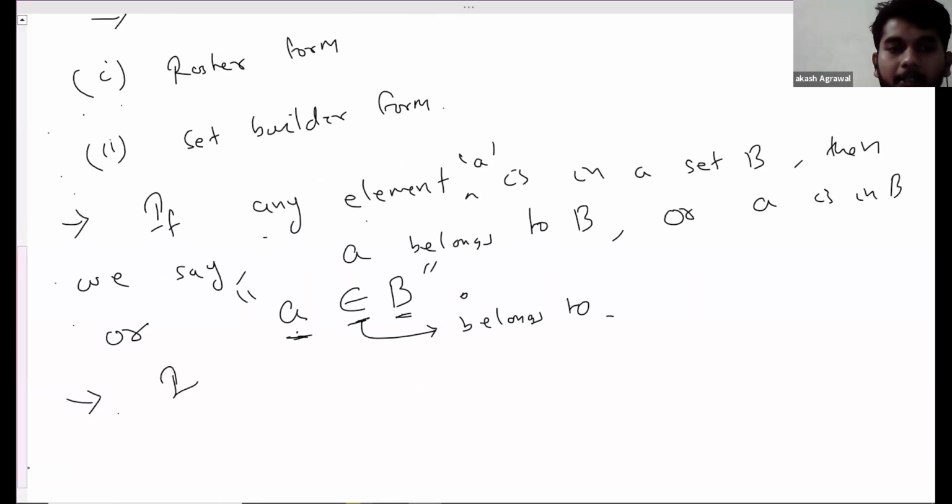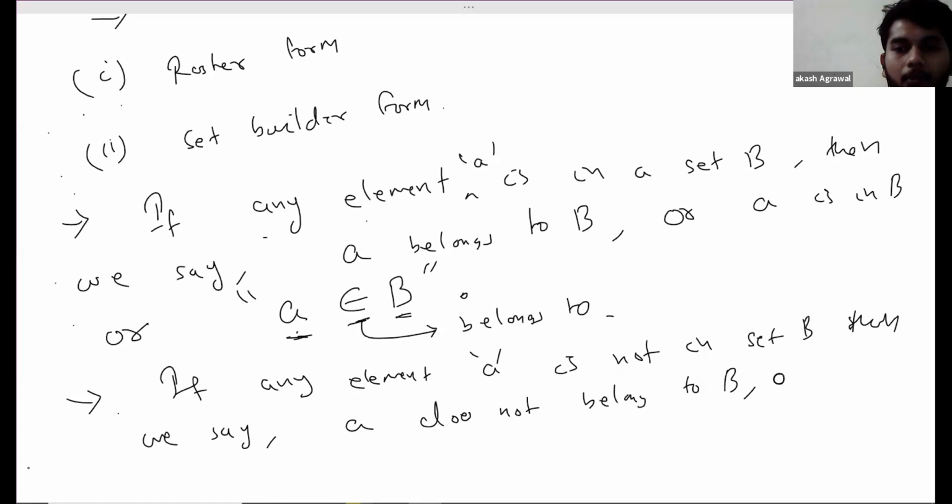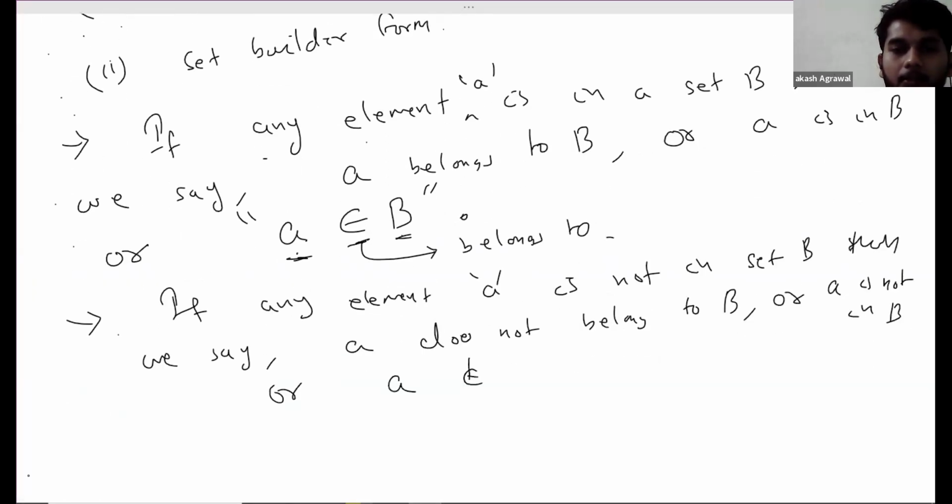Now the opposite of this: if any element A is not in set B, then we say A does not belong to B, or A is not in B, and the symbol is A does not belong to B. Is it clear everyone? Yes, sir. It's clear.